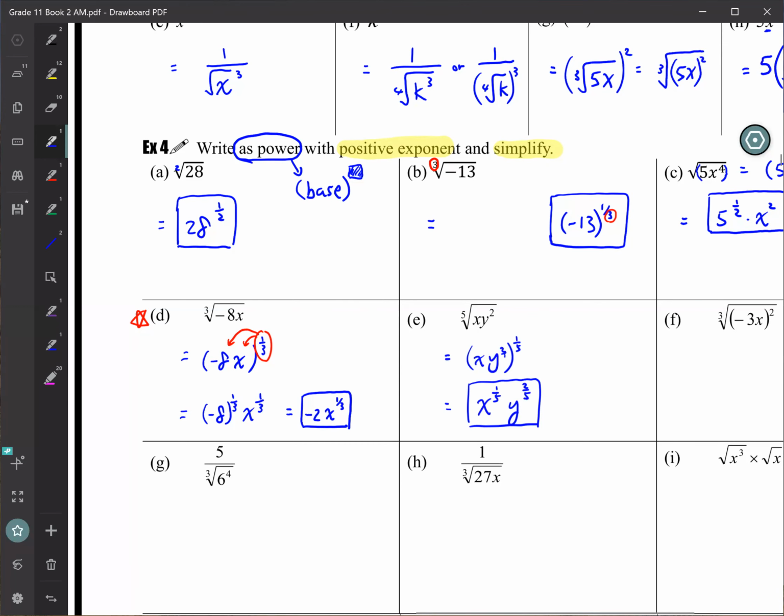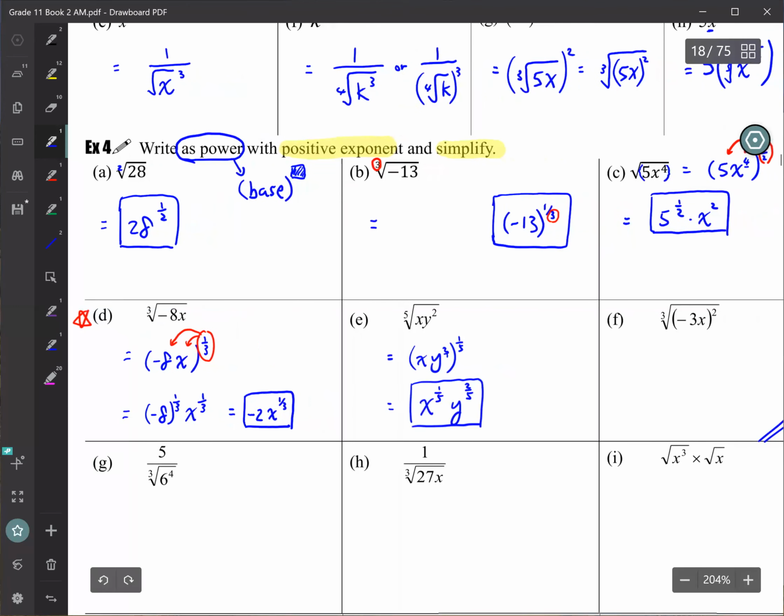This is if they ask you to change it to power. Last one here. First we write in radical, exponent form, so it'll be -3 x to the 2/3. Index becomes the denominator.